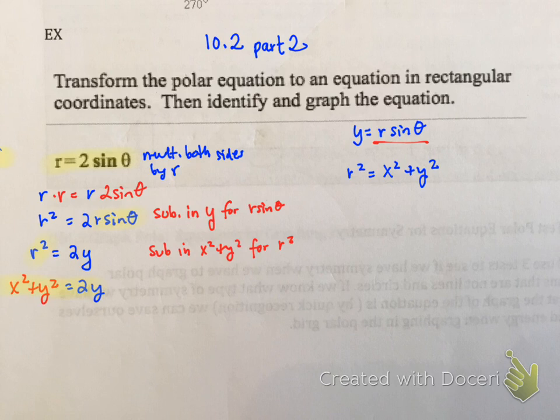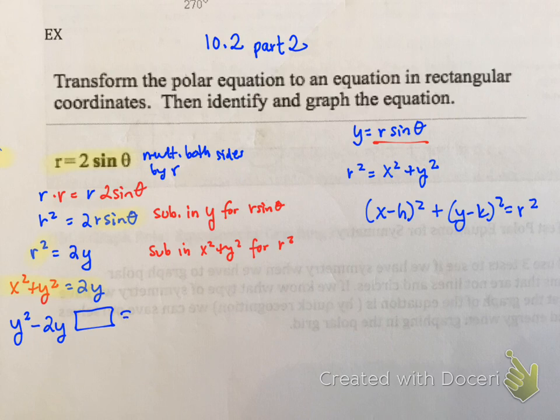Just as a reminder, the equation for a circle is x minus h squared plus y minus k squared equals r squared. This time around, I'm going to leave y squared alone and pull the 2y over. I'm going to leave a spot to complete the square, and move x squared to the other side. Now I have to complete the square.